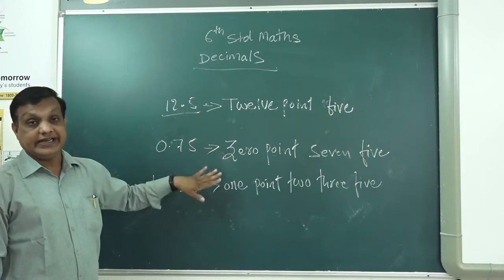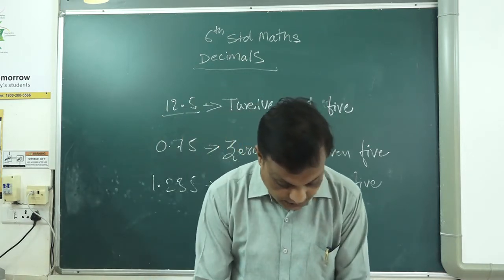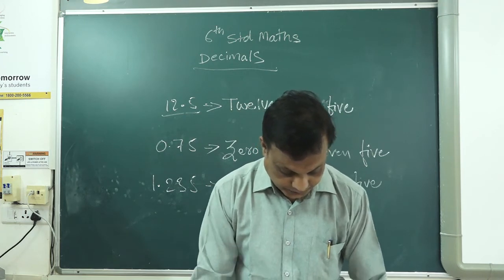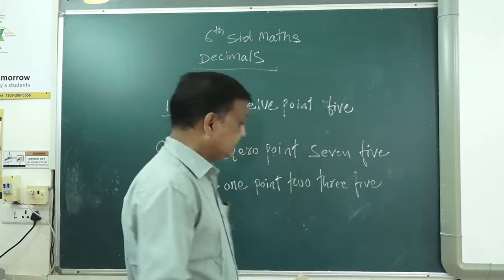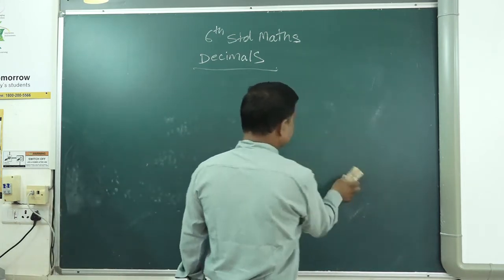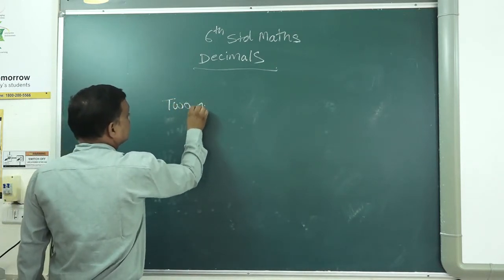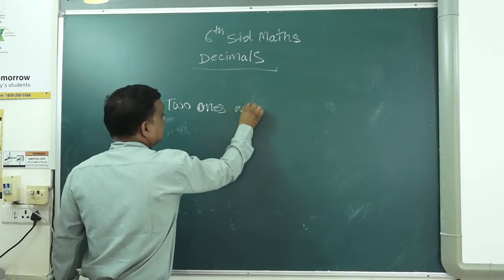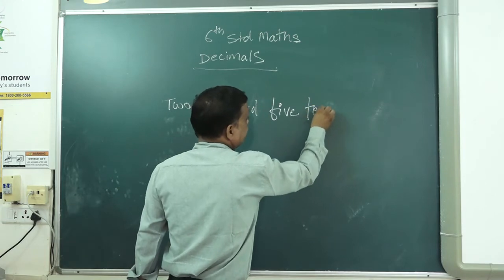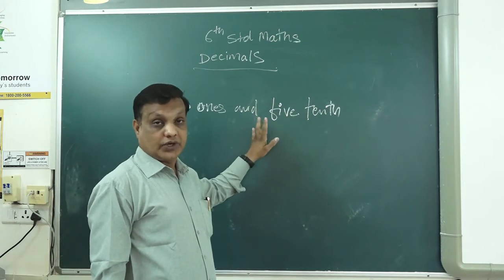This was the reading and writing of decimals. Now we will take one more point so you will understand. How to write the number if it is given as 2 ones and 5 tenths. Now this is given in words, and you have to write it as a decimal.